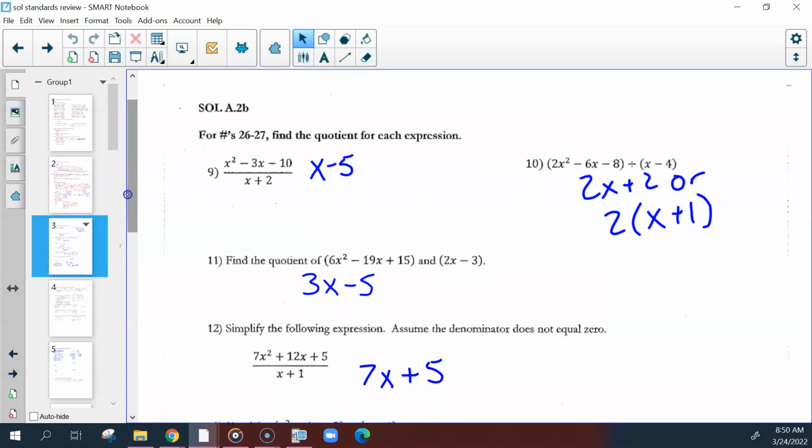For 2B, this is like a cheat method that, for the most part, works almost every time.